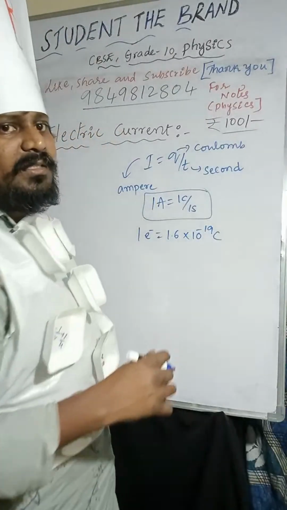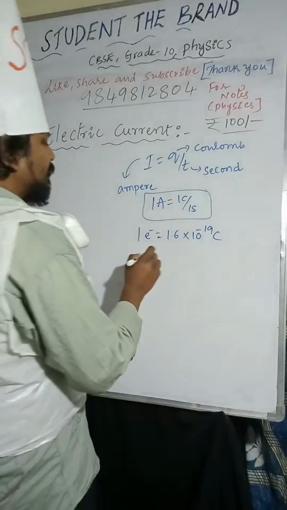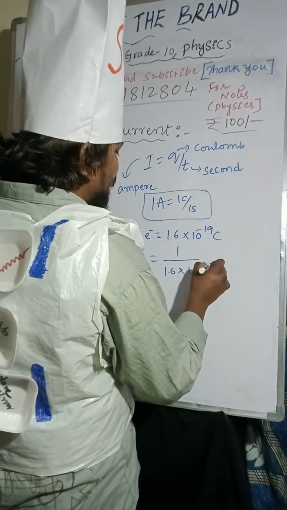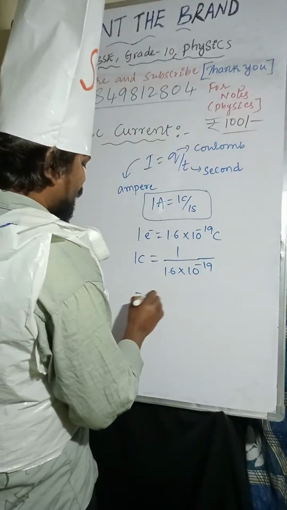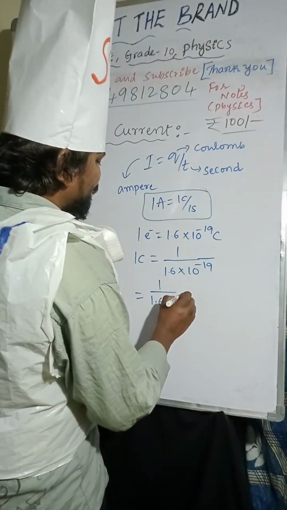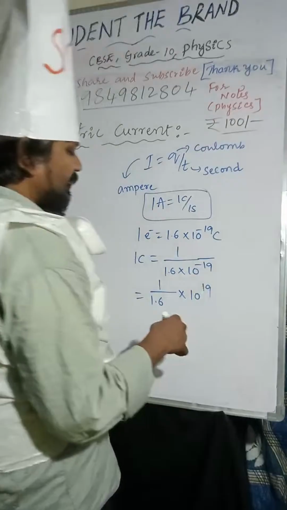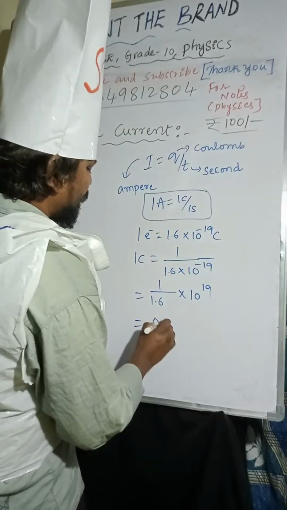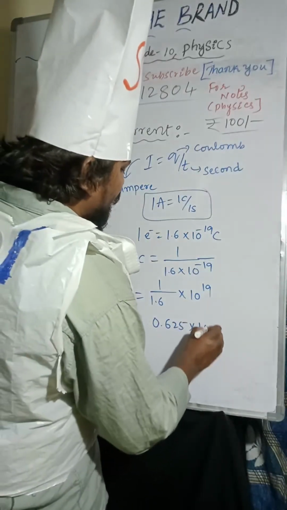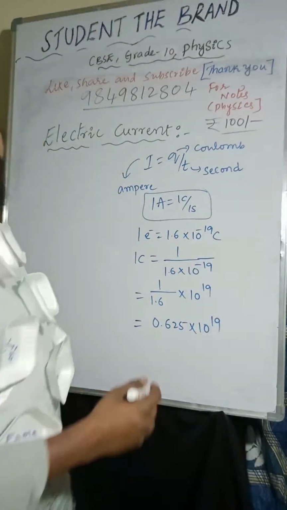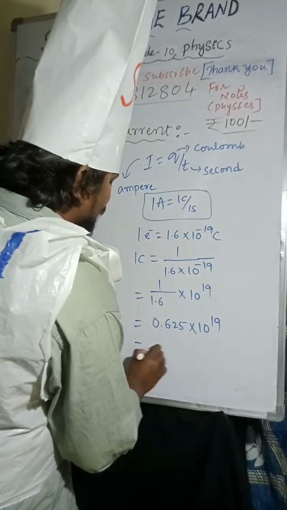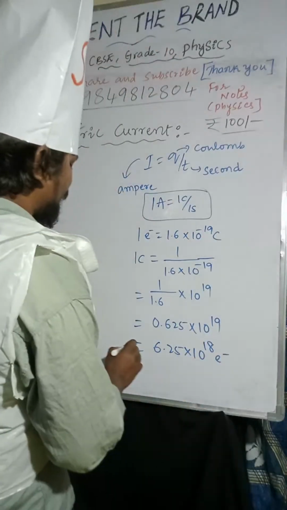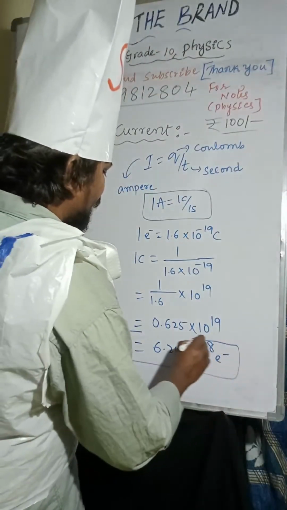So in 1 coulomb, the number of electrons is 1 by 1.6 into 10 power minus 19, which is 0.625 into 10 power 19, that is 6.25 into 10 power 18 electrons. In 1 coulomb, this many electrons are present.